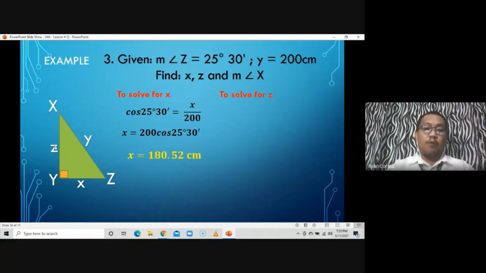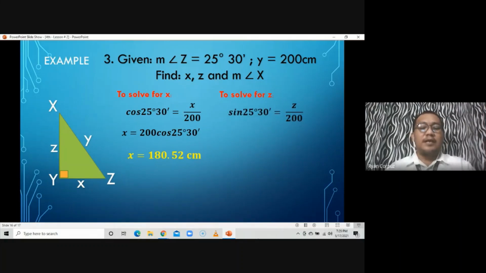So, that should be opposite over hypotenuse. So, what trigonometric ratio is that? That is sine. Opposite over hypotenuse. Diba? So, sine ang gagamitin natin. Given yung measure ng angle, so it should be sine 25 degrees 30 minutes is equal to opposite over hypotenuse, so z over 200.